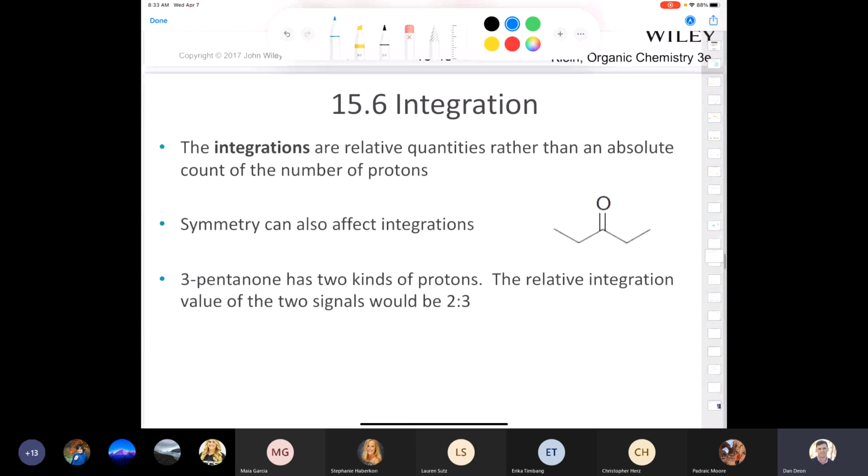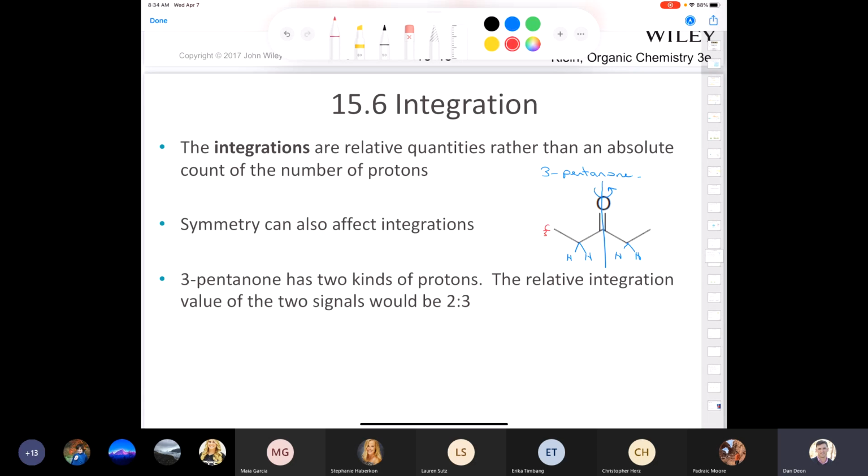Well, what if we had this molecule right here? This is called 3-pentanone. We actually saw it earlier today. If you want to Google the NMR spectrum of 3-pentanone, you could, but it's on the next slide. So how many unique types of protons are there in 3-pentanone? I have a methylene here, which is chemically equivalent to this methylene here, because of rotational symmetry in the molecule.